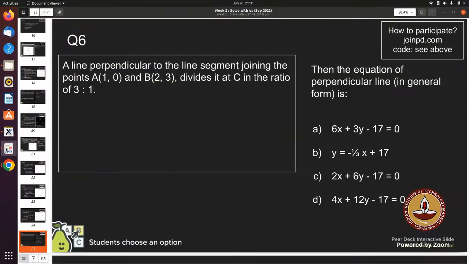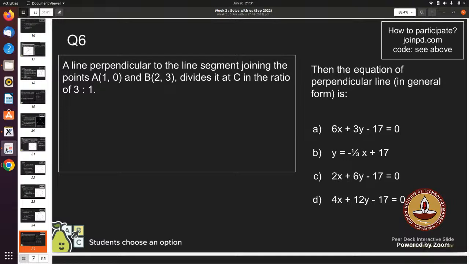Sir, first I got the point C by the ratio formula, and then I tried putting the values of x and y in the equations. I found 2x plus 6y minus 17 equals 0. So it is the answer. Oh, so you are saying by trial and error method. Yes, sir.